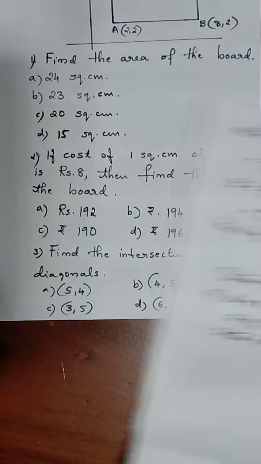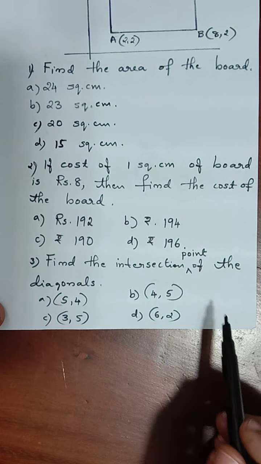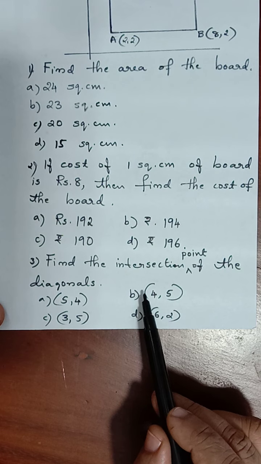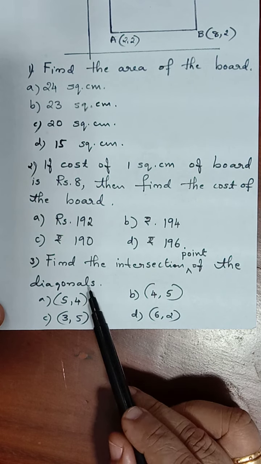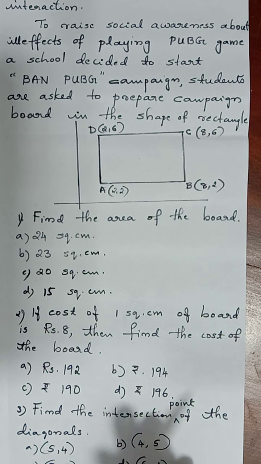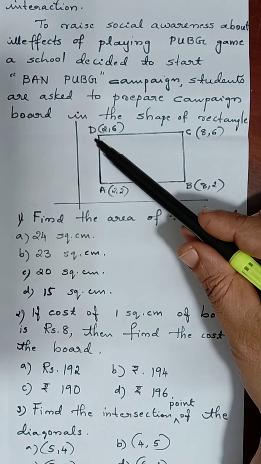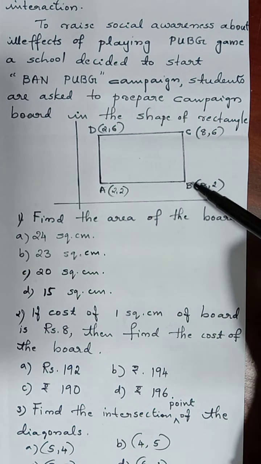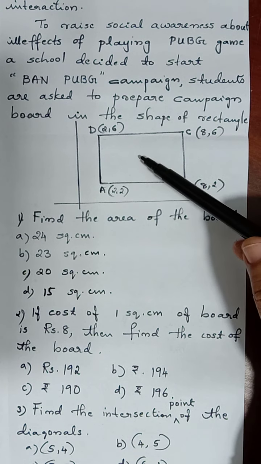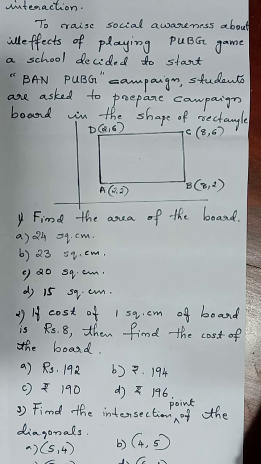Now move on to question number 3. Find the intersection point of the diagonals. As I told you when I said the characteristic, you might have understood. Diagonals are AC and BD. Since it is a rectangle, diagonals bisect each other. That is, midpoint of AC will be equal to midpoint of BD.